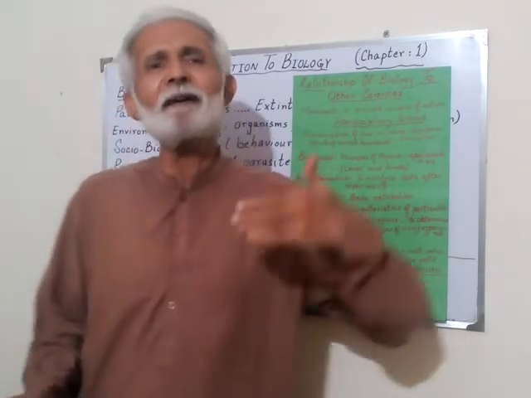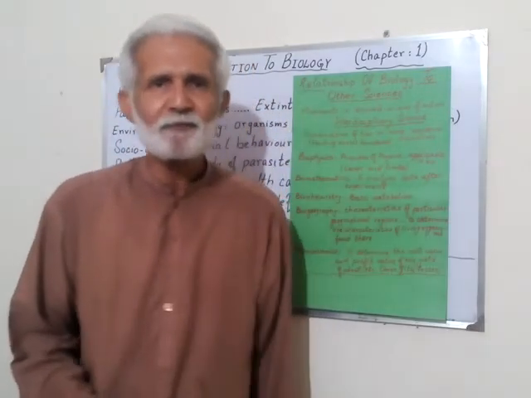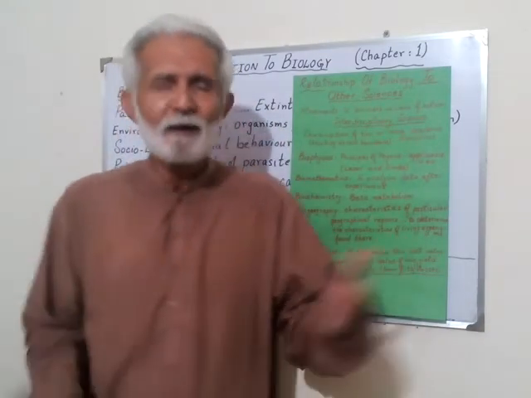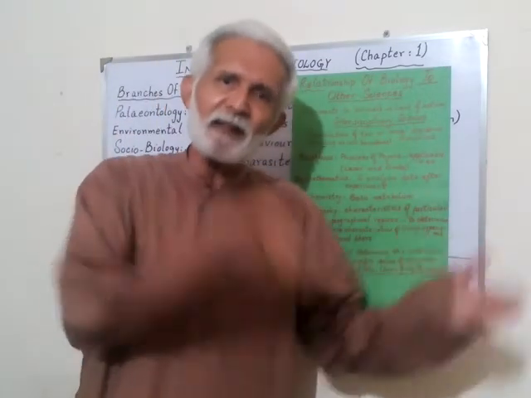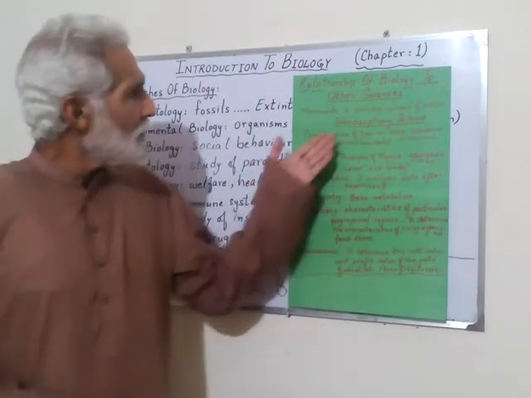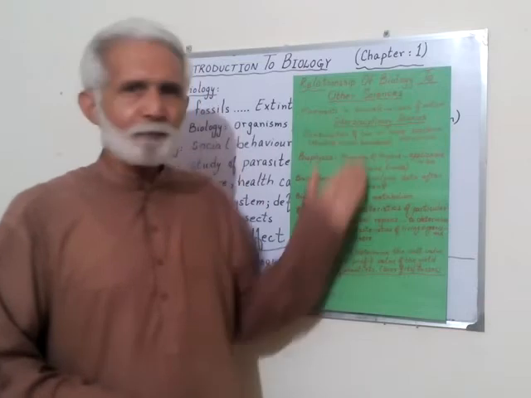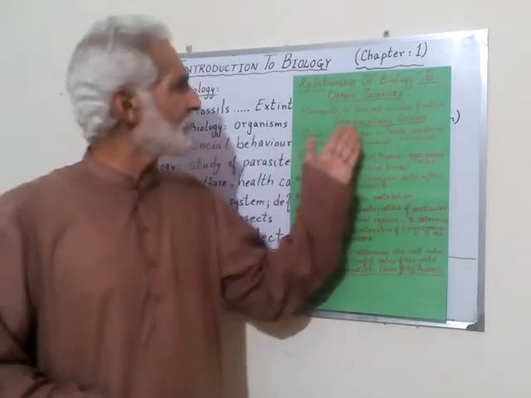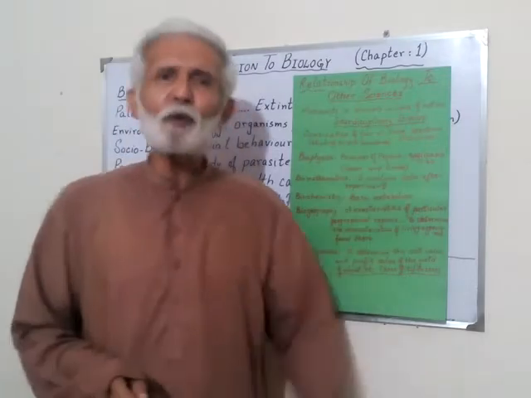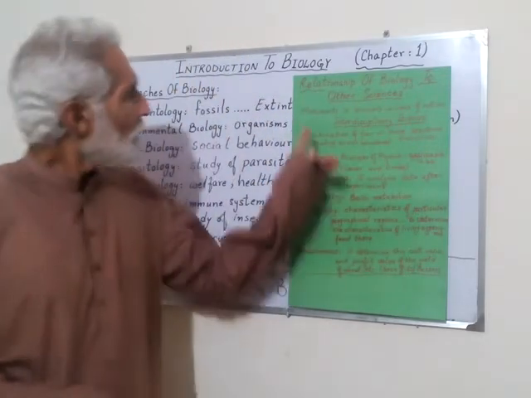Because they are thinking across boundaries. When we think across our subject's boundary, then we deal with another subject, and we work with other subjects also. So you can give it a name, interdisciplinary sciences, that is the combination of two or more academic disciplines.